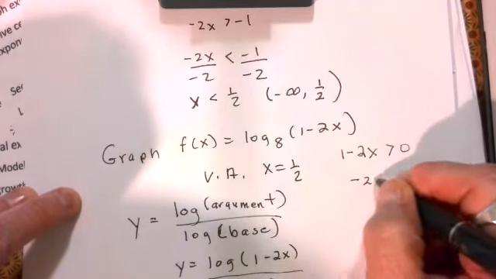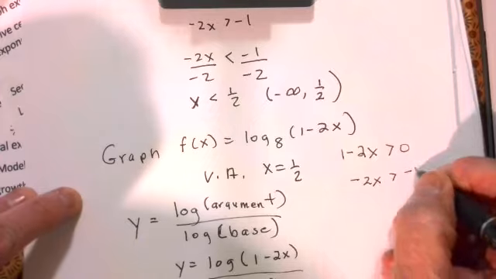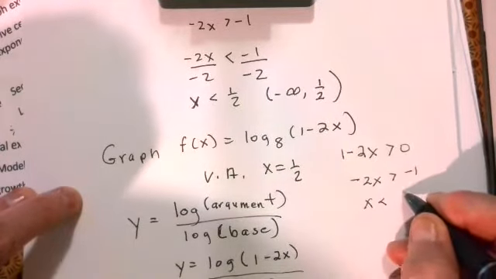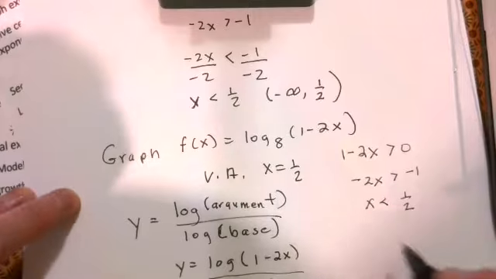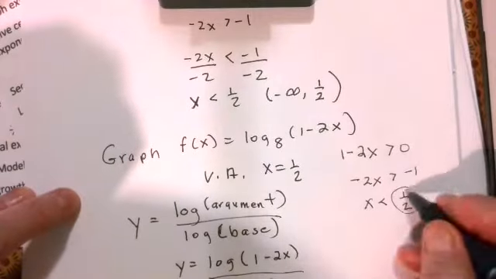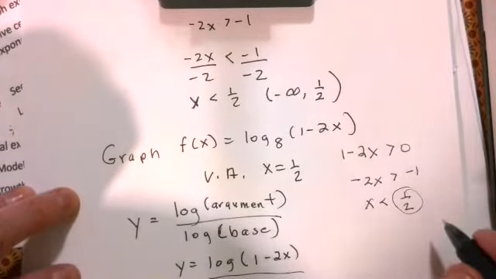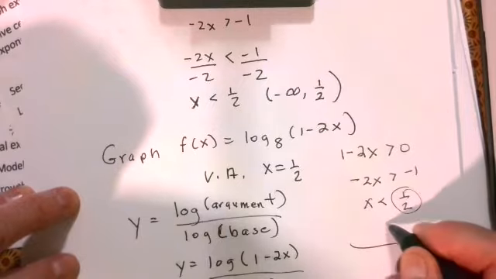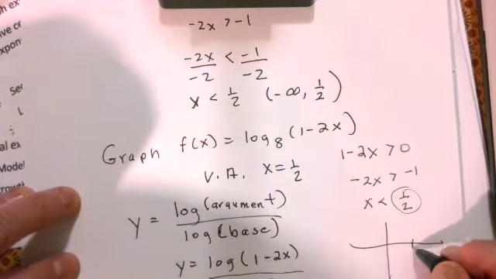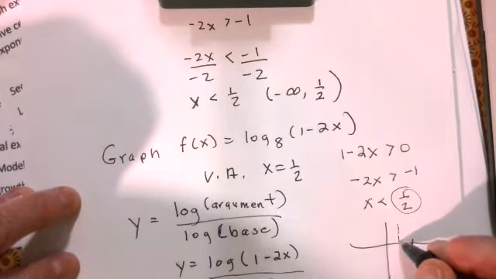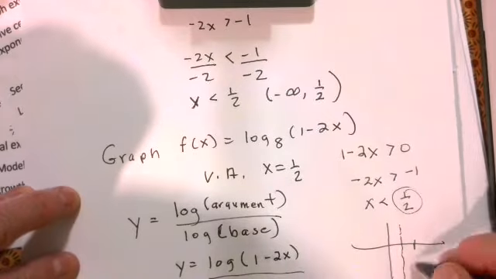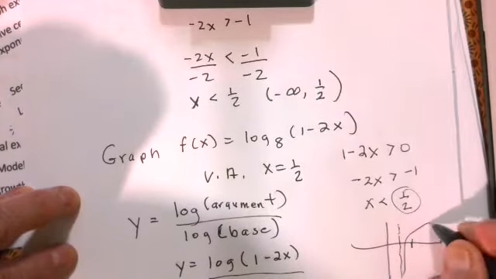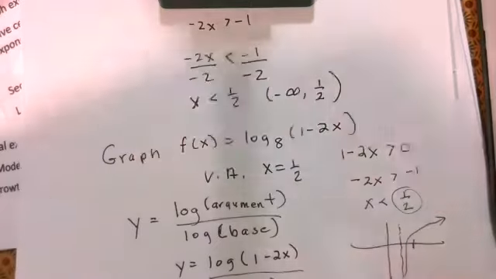So we have x is going to be less than 1/2. Whatever this number is here is where the vertical asymptote is going to be. So instead of having a vertical asymptote at 0, it's going to have a vertical asymptote at 1/2. So it's going to look kind of like this. Vertical asymptote.